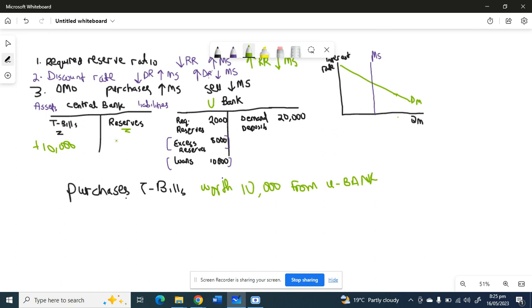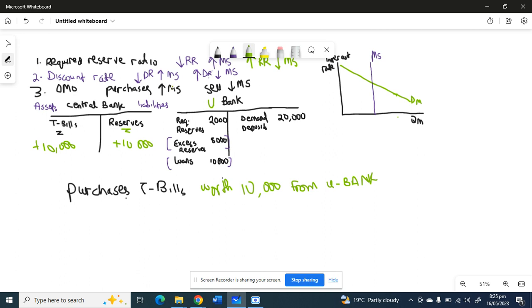So it's also going to increase by 10,000. This is a balance sheet. That's why when one side increases, the other side has to increase. If it was a T account, it would be different. The assets for the central bank increase, and at the same time the liabilities also increase, because this is new money which is being owed to the people.